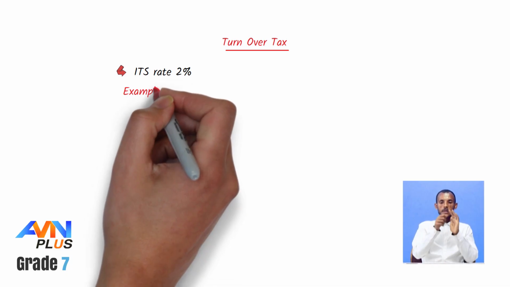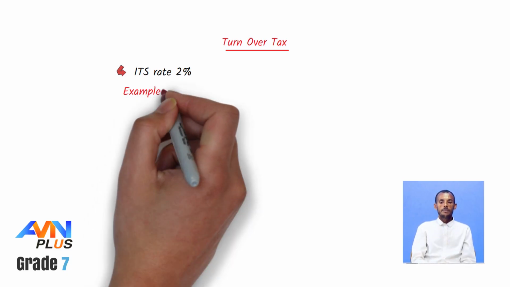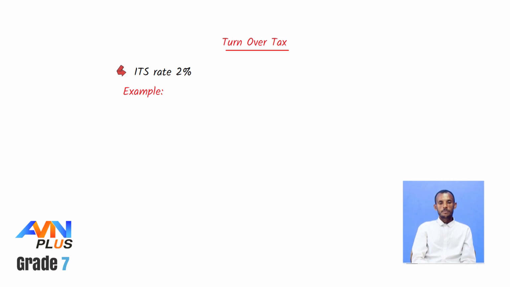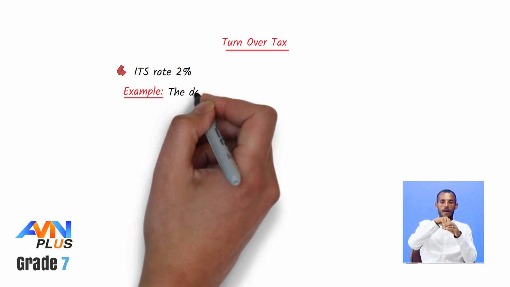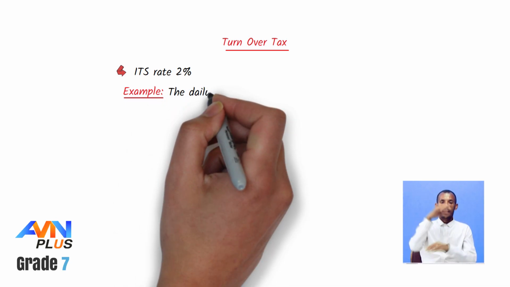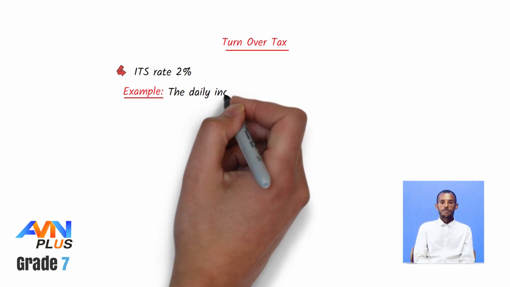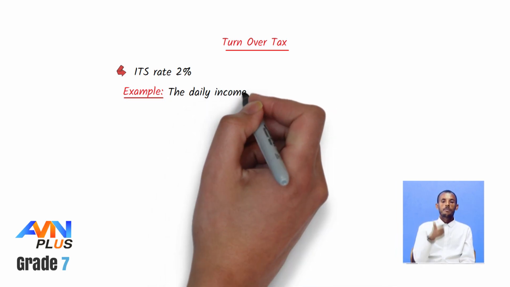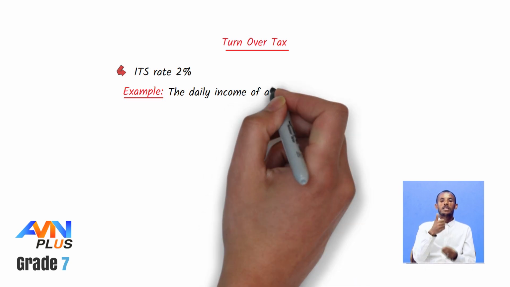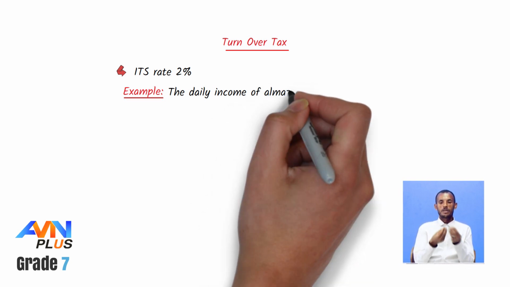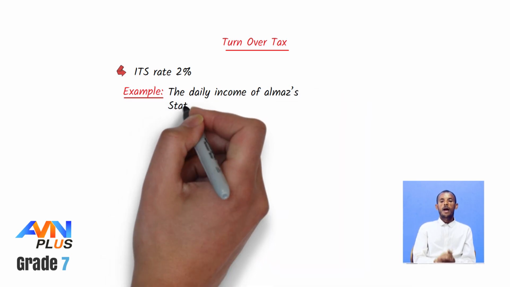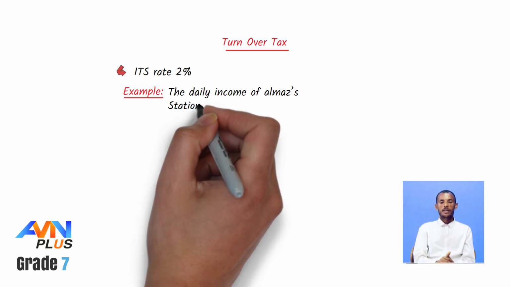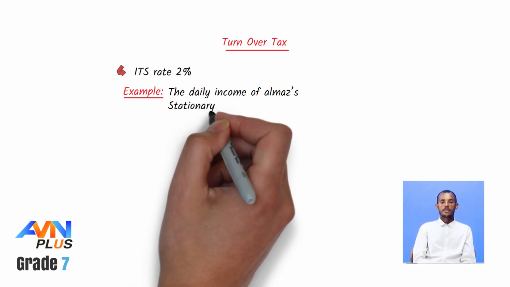Example: the daily income of Almaz stationery is 1,000 birr.